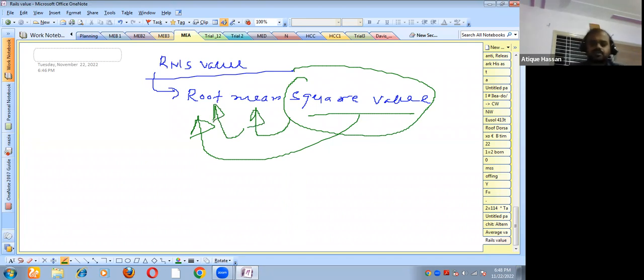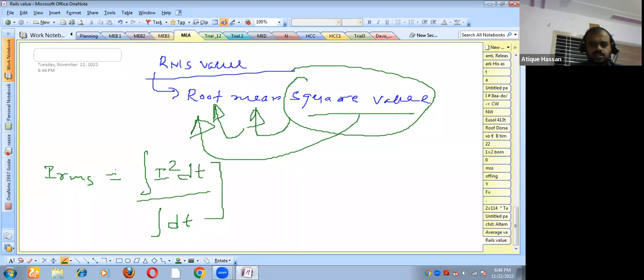That is RMS. For example, how to calculate I RMS? First, you have to square the value like I square, then take the mean. So we take I squared dt by dt, then take the root. That is the RMS value.